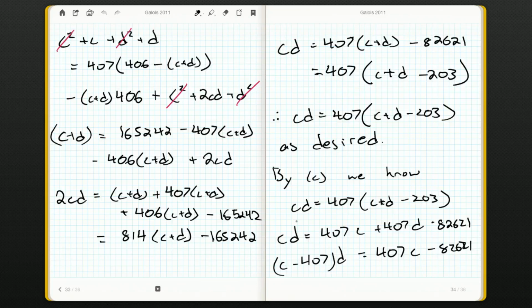The problem is I have two variables here, C and D, that vary. I don't like that. I don't like that one bit.